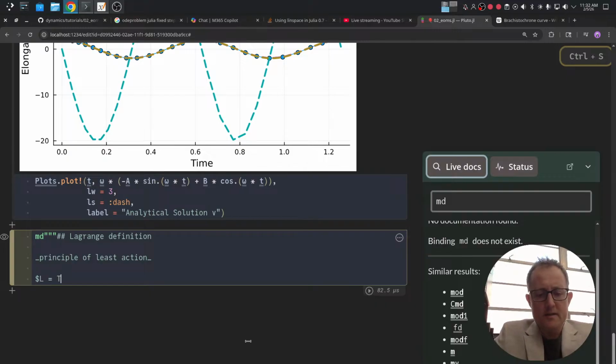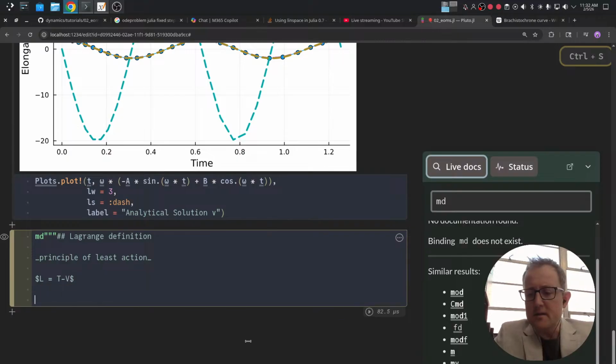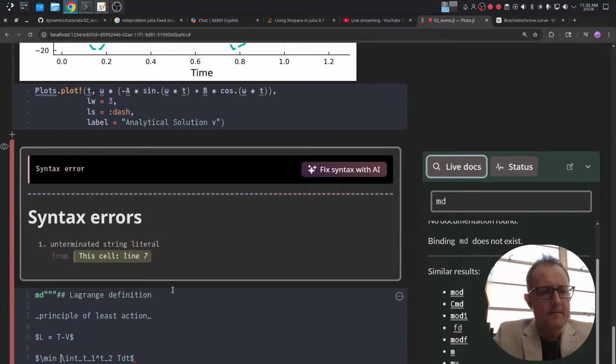Where L is T minus V, and the integral from T1 to T2 of L dt, let's say min, something like that.